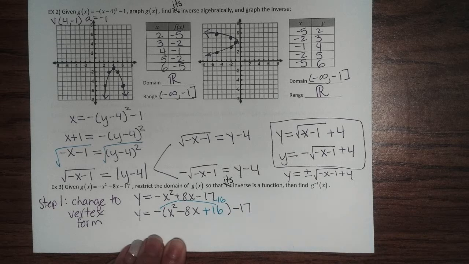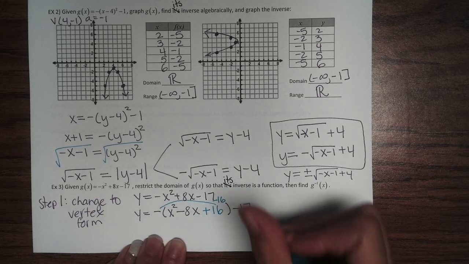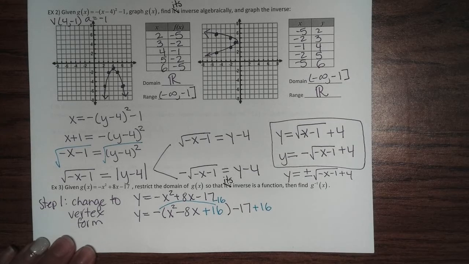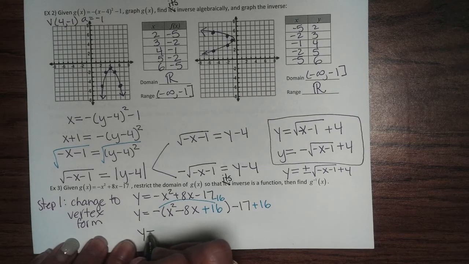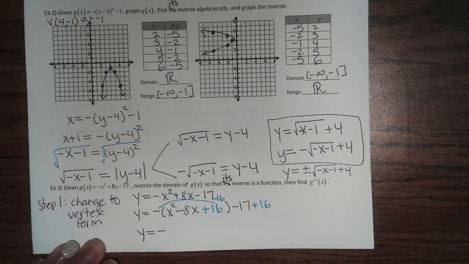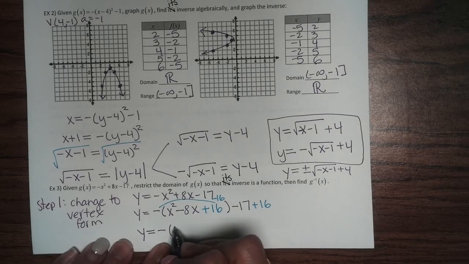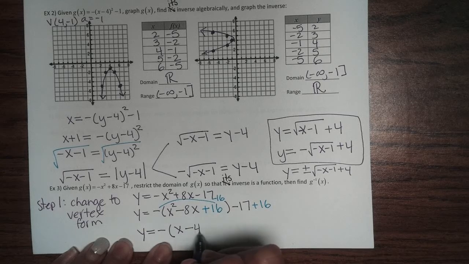So then to undo a minus 16, I have to add 16. Okay, so final answer for vertex form, I hope you got y equals negative parentheses, x minus 4 squared minus 1.